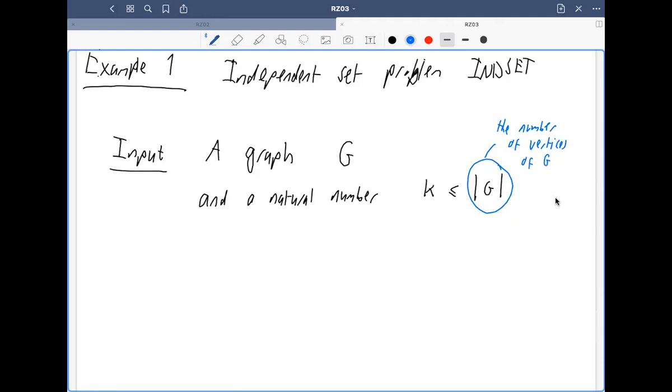By the way, for those of you in the room, hands up if you know what a graph is. Okay, good. For clarity, there are different notions of graphs.